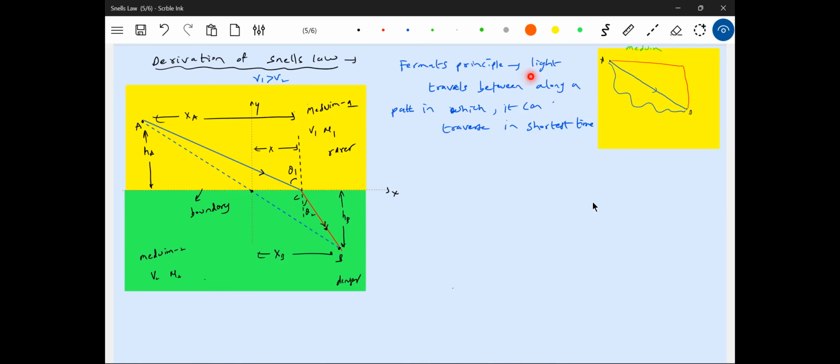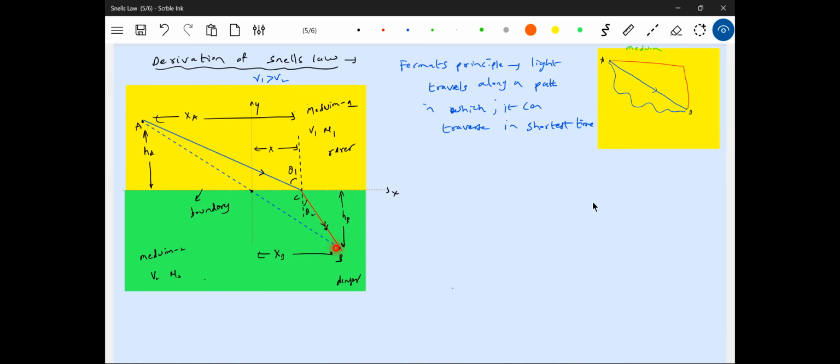Due to Fermat's principle, light travels along a path in which it can traverse in the shortest time. So it has to move from A to B. Rather than preferring the straight line path AOB, it will travel more in medium 1 than in medium 2. Therefore it will bend here.